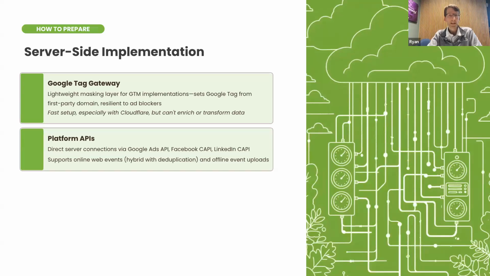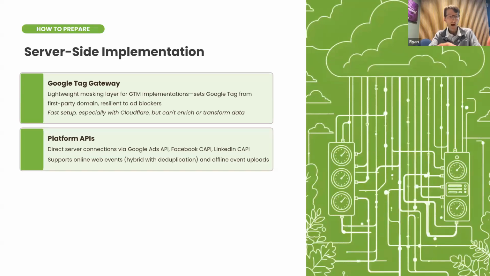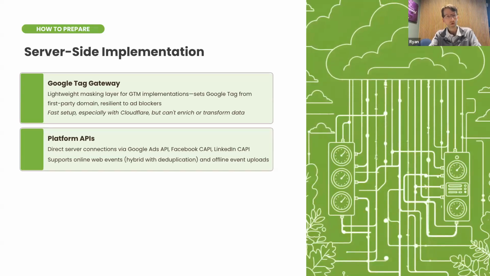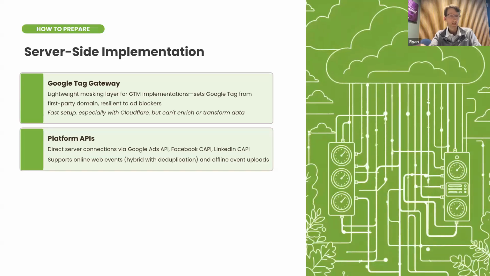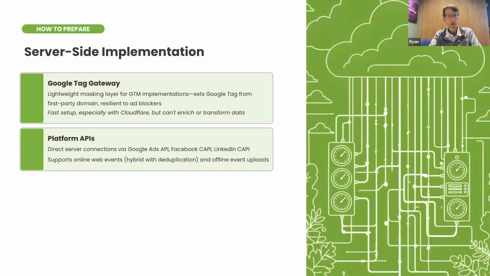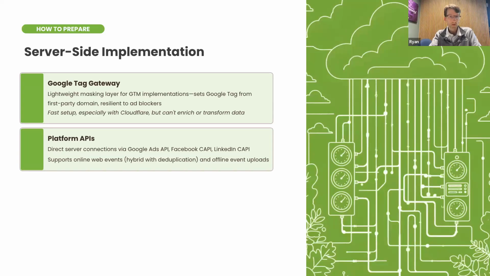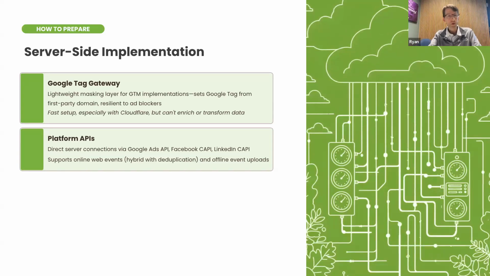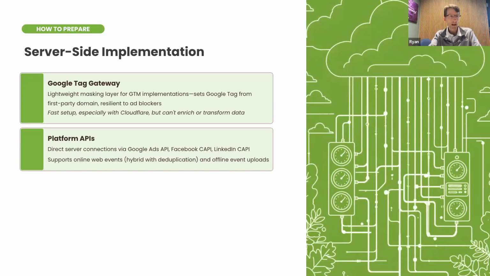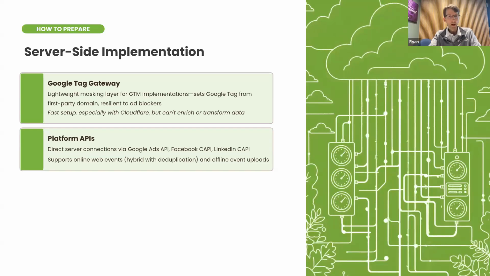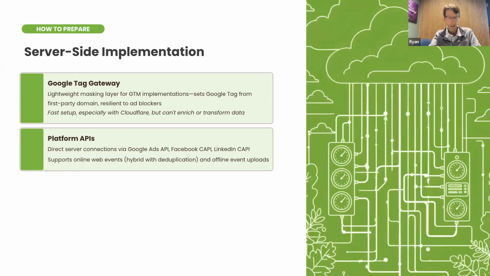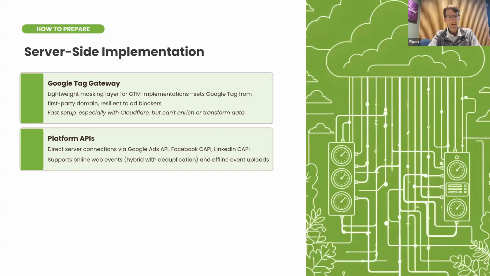Typically, this is implemented in a hybrid format, so your browser pixel still fires and sends those events to the platform, but your server does also. Then there's a deduplication layer that ensures the platform is only counting one. So this really strengthens the reliability for web events.